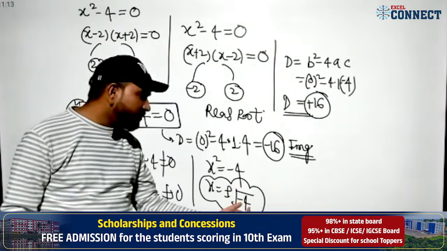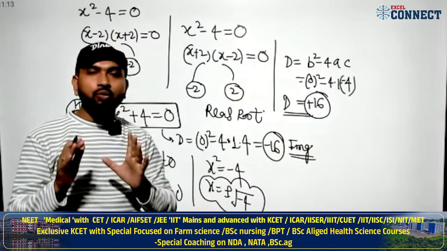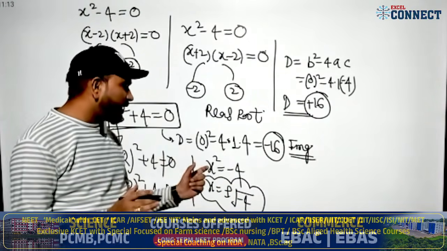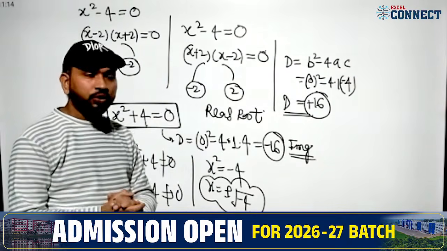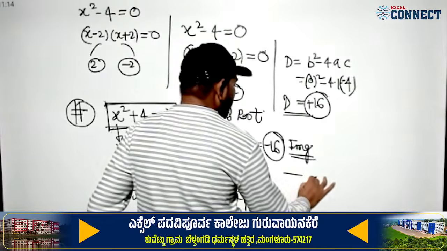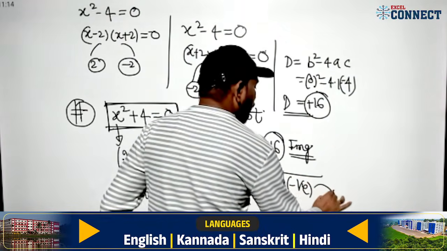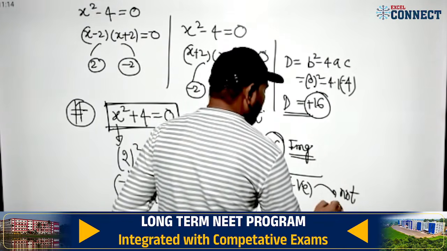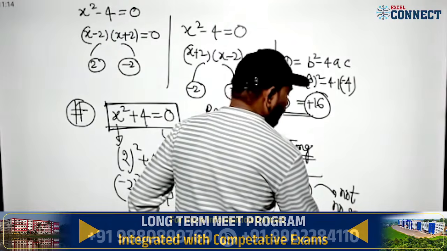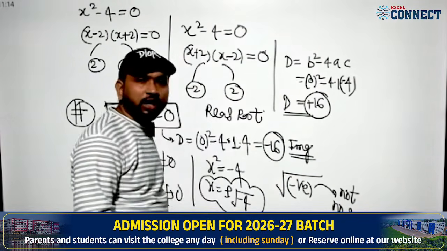In the real numbers its value is not defined, because if a negative is present inside the root, it is not defined. No real number is possible here.